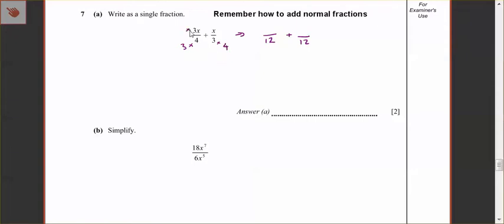So I've got to do the same on the top. 3 times 3 would be 9x, and this would be 4x. So the answer would be 9x plus 4x over 12, which is 13x over 12. That's your answer.